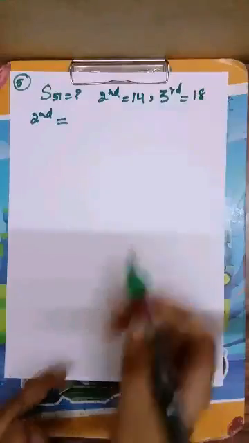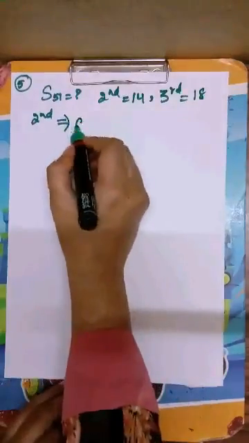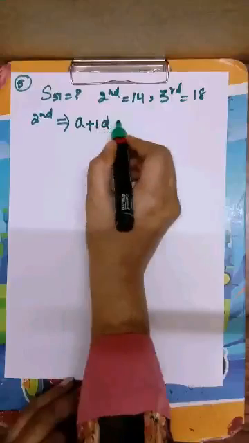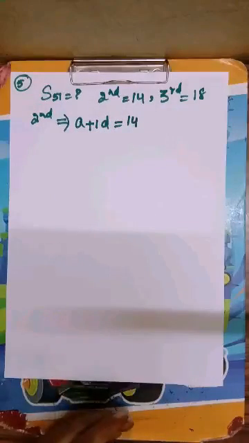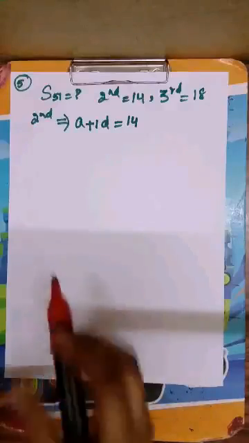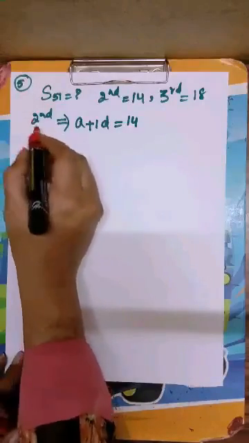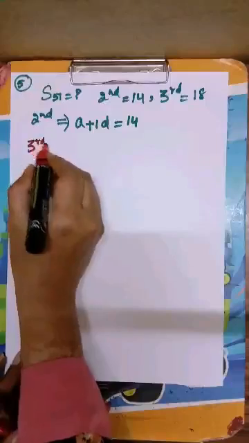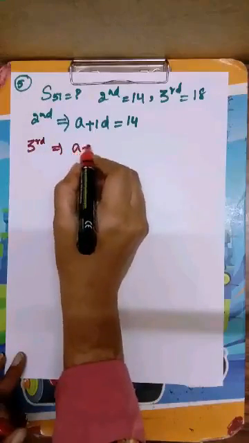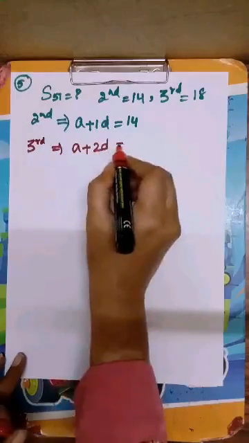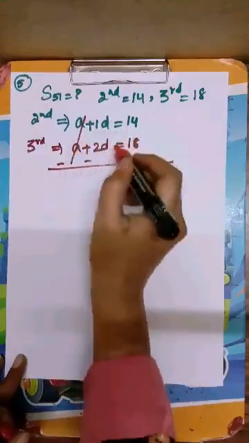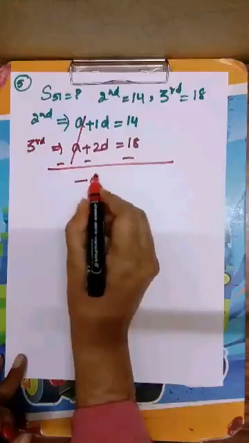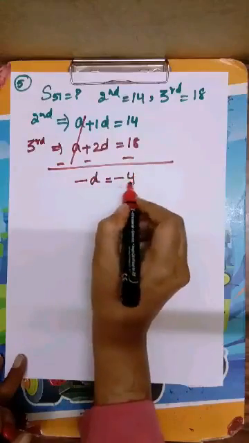This is given. Second term formula, A plus 1D is equals to 14, and third term formula, A plus 2D is equals to 18. Change the signs, cancel it, plus minus minus, so minus D is equals to minus 4.